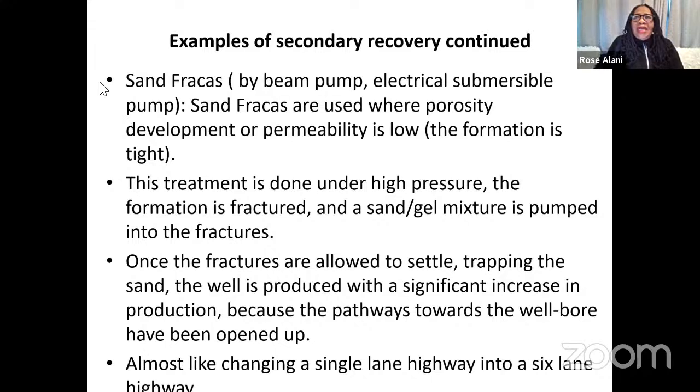It means there's an opening now, easy access for the oil to flow out. The description is it's just like changing a single lane highway into a 6-lane highway. That's what happens. It allows freer movement of the oil.